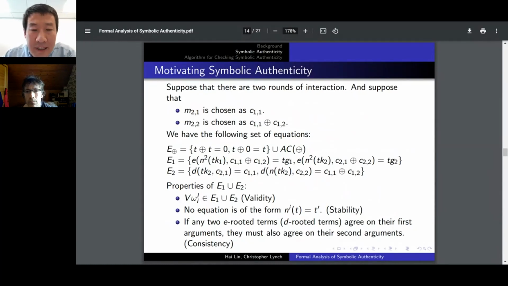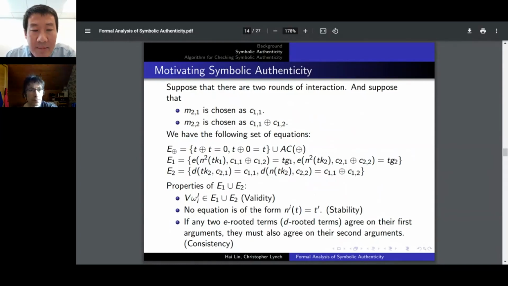So what's important is that E1 and E2 satisfy some certain properties, which we call the validity property, the stability, and the consistency property. The validity property says that all of the messages that the adversary received are valid. And the stability property says that all the unrooted terms are irreducible in our theory.